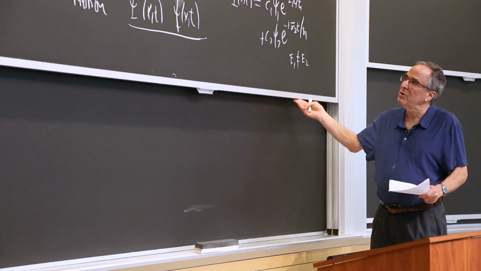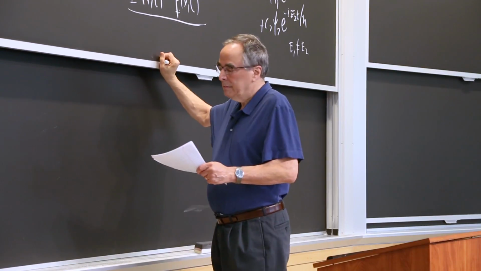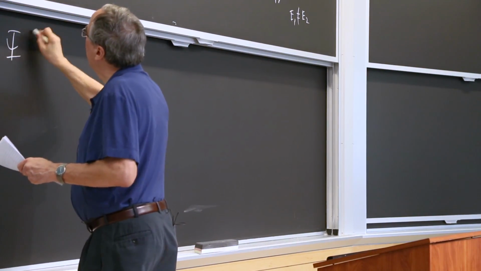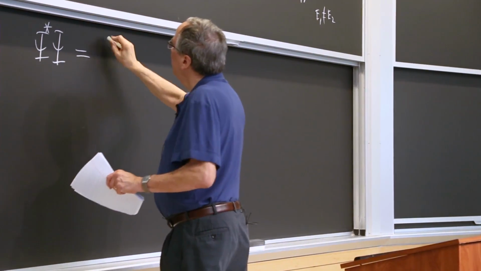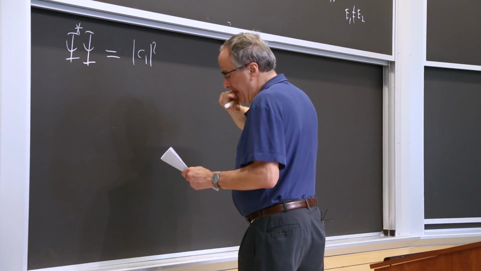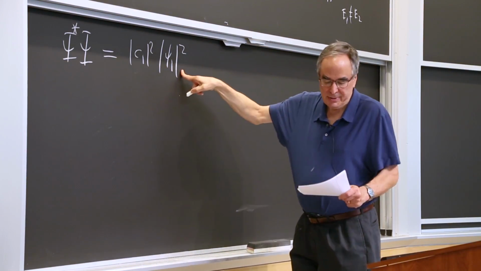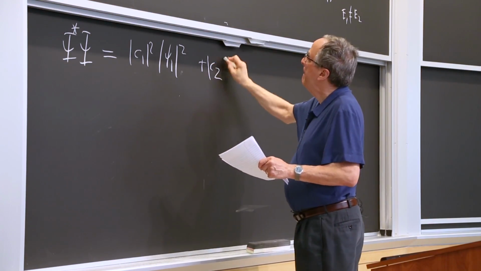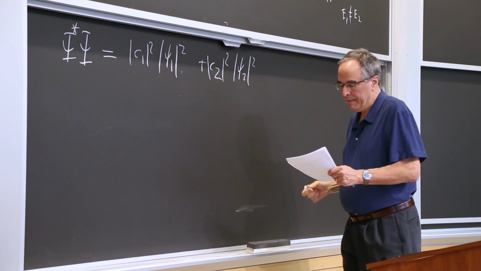Okay, so now let's just look at this quantity, psi star psi. Well, it's going to be c1 square modulus psi 1 square modulus, and we get c2 square modulus psi 2 square modulus.